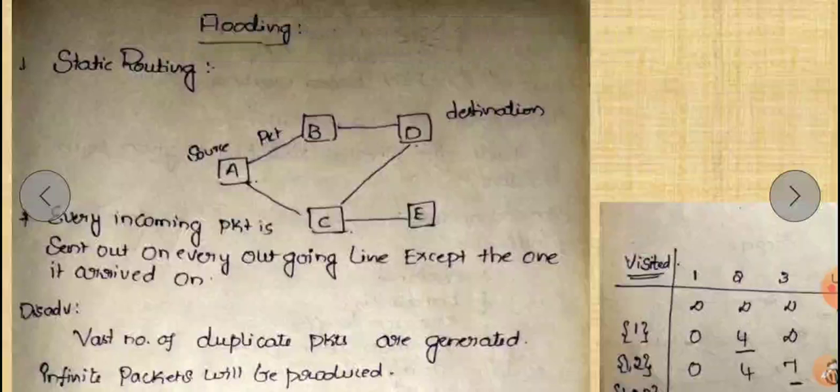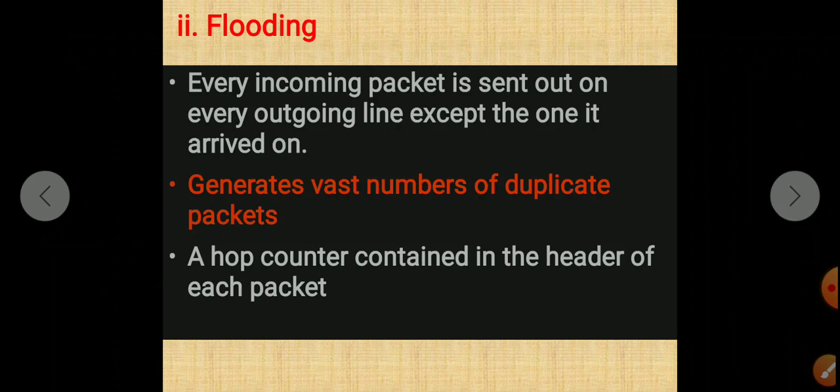That is the concept of flooding. A to B or B to D or D to C or C to E. The packet only moves in the forward direction, it will not come in the backward direction. So that is called every incoming packet is sent out on every outgoing line except the one it arrived on. So this is the meaning.